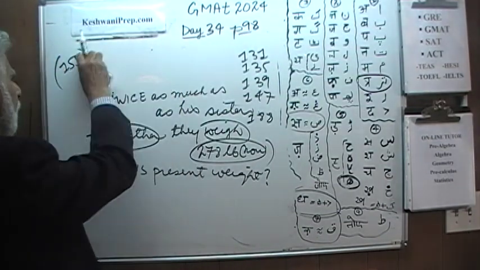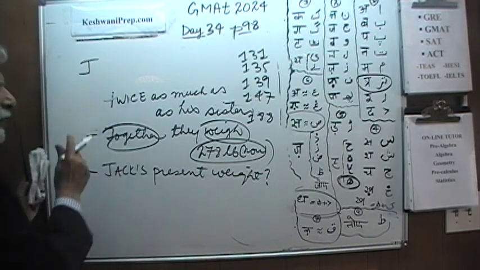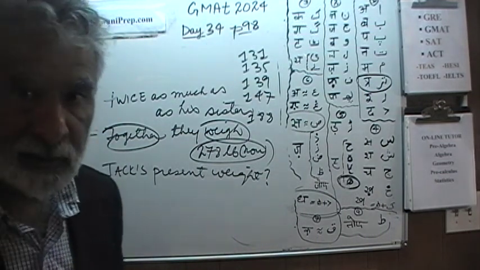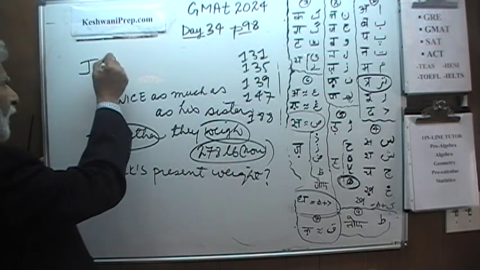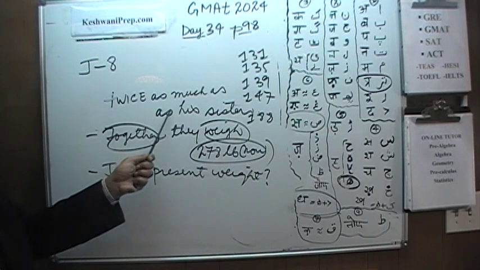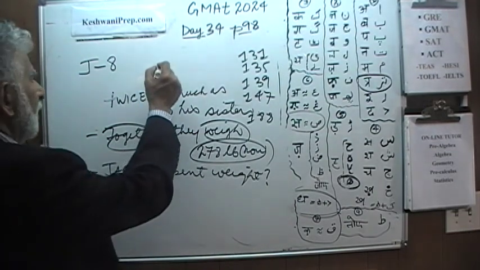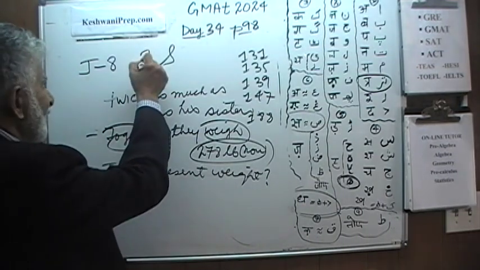let's make him lose 8 pounds. J will represent Jack's weight right now, before he loses 8 pounds. So if he were to lose 8 pounds, then we are told he will end up weighing twice as much as his sister's weight. Let's use S to represent the sister's weight, and twice that is this quantity.